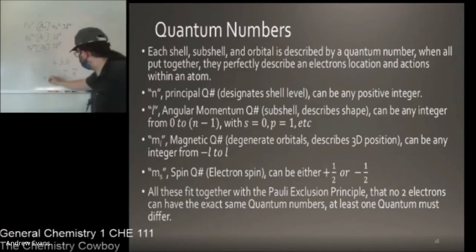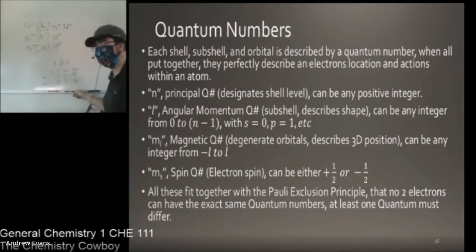That's the A. The B would be 1, 0, 0, negative a half. I could not have those both be the same in every aspect. If I have this, those have to be different.